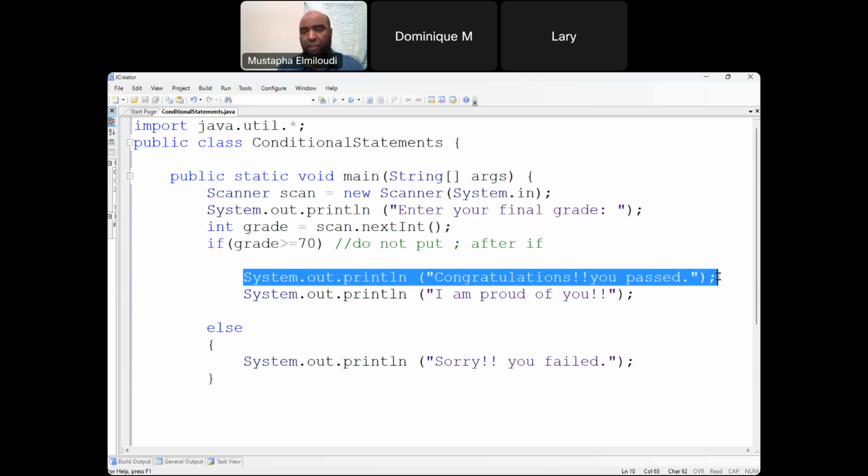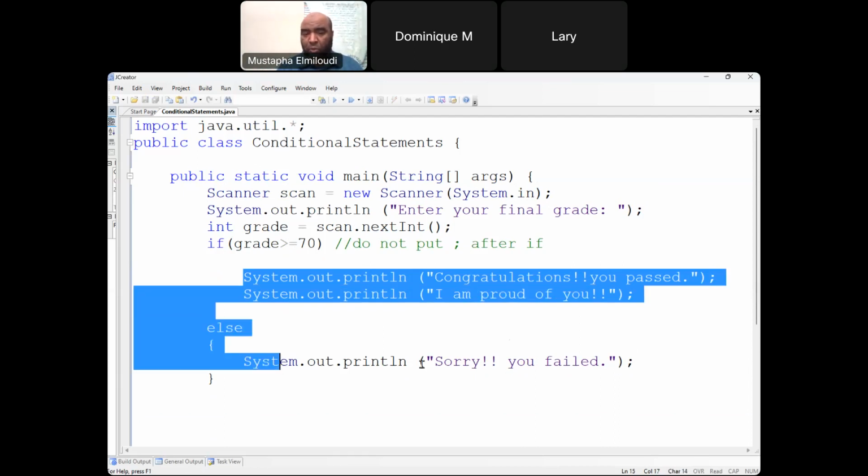Which means that second statement does not belong to the if, so there is a separation, because if and else should be following each other. So when you remove the braces, this "I'm proud of you" does not belong to the if statement, and it's like separating the two parts that are supposed to be together. So that's why you get this problem right here.